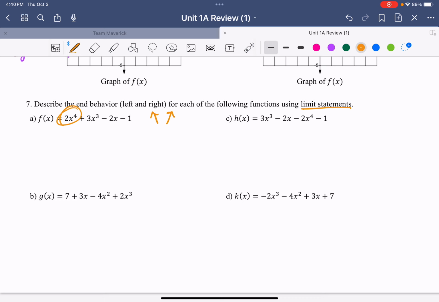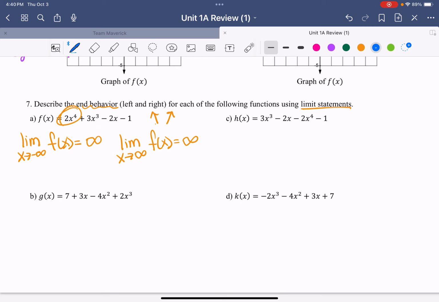Okay, now be careful with your limit notation when you're writing. The limit as x approaches negative infinity, because it is telling me end behavior, of f of x is equal to, so when x is approaching negative infinity, f of x is approaching infinity. Then the limit as x approaches infinity of f of x is also infinity.